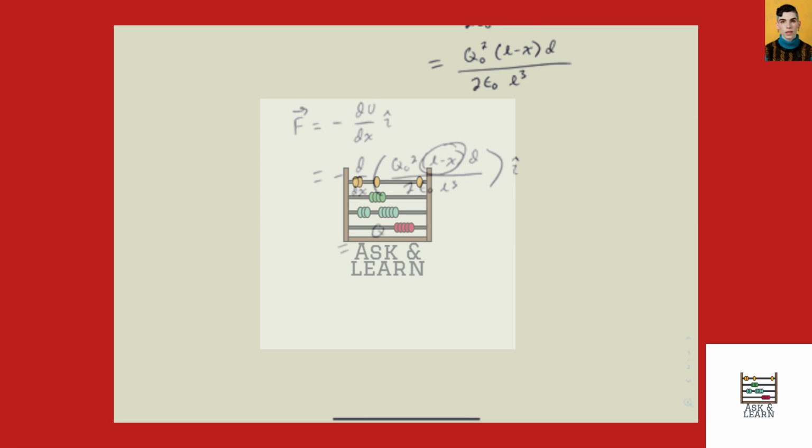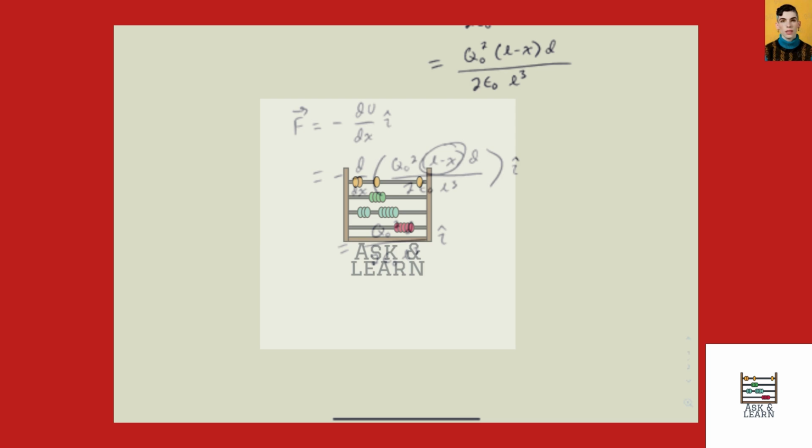Now if we take the derivative of this, it only depends on this term here, which goes to minus 1. So this becomes Q0 squared times D over 2 epsilon naught L cubed i hat.